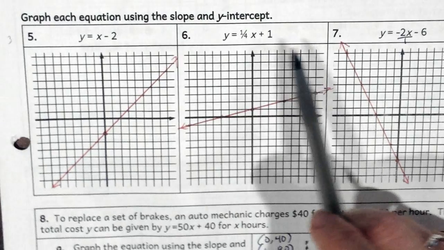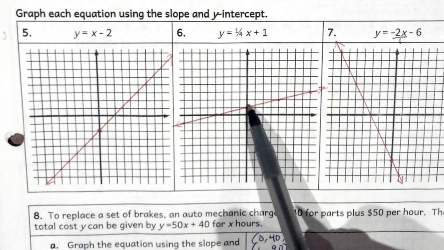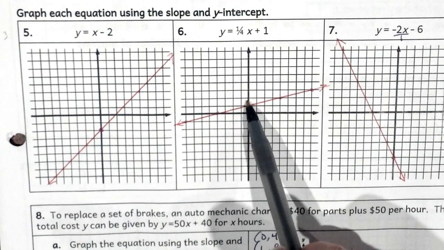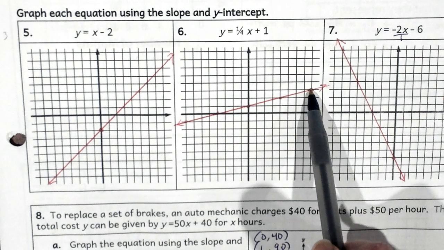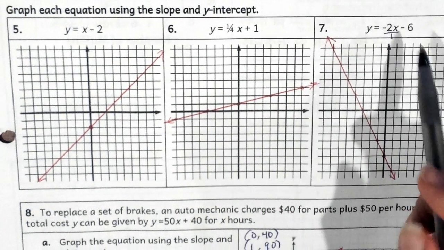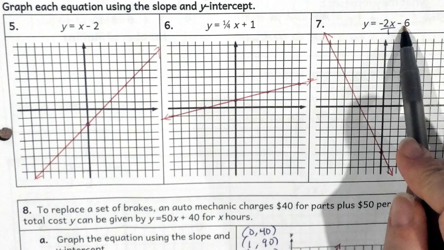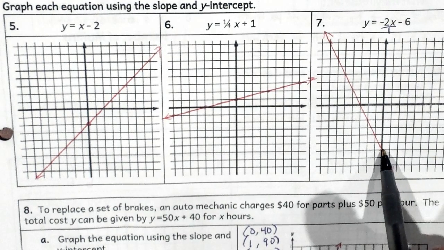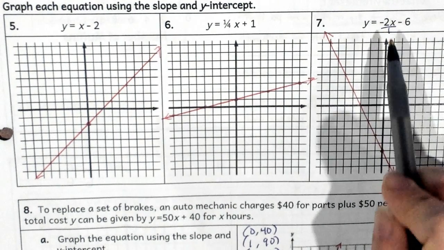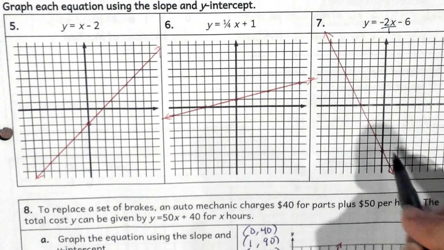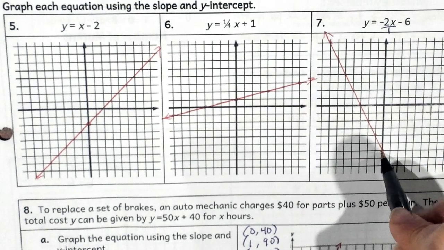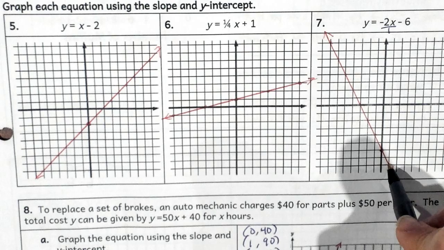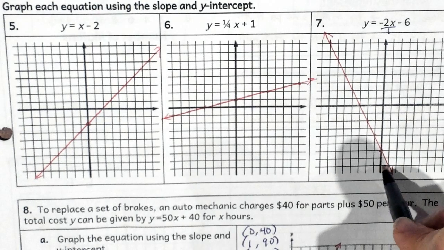Number 6, 1 is my y-intercept, 1/4 is my slope, so up 1, right 4, up 1, right 4. And the next one, -6 is my y-intercept, so I'm down at -6 on the y-axis. -2 is my slope. So instead of going up, we're going to go down and to the right. That's -2 and +1.